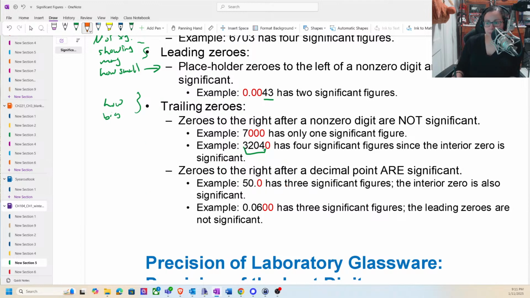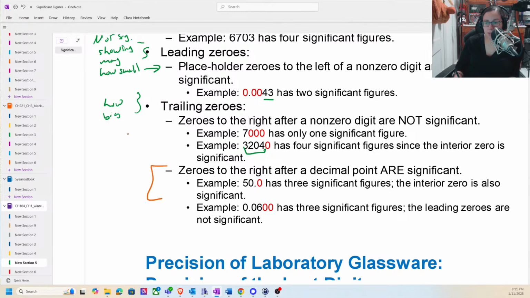So now adding accuracy. This is the difference. Now this is showing how accurate, or accuracy. It says zeros to the right after a decimal point are significant. So now we have 50.0 and this has 3 sig figs.